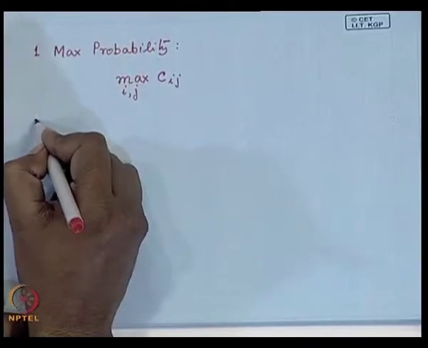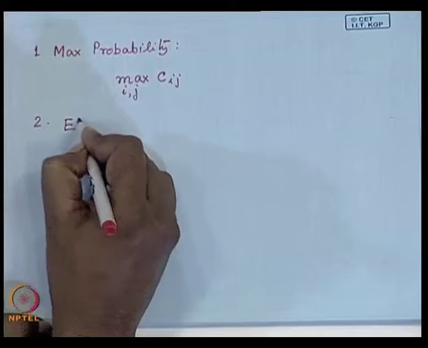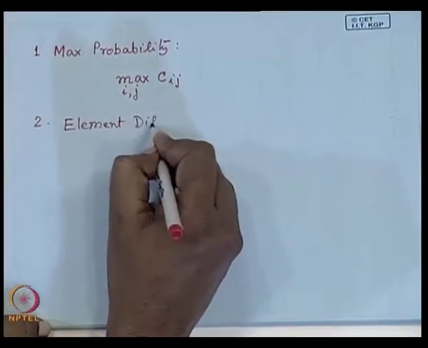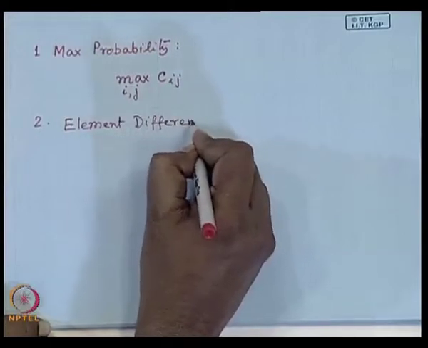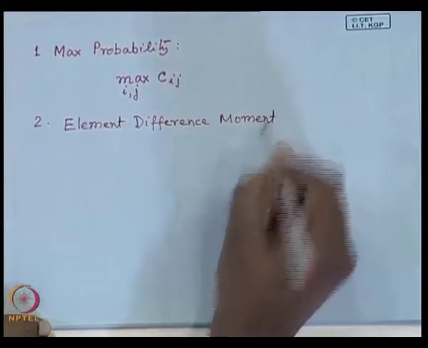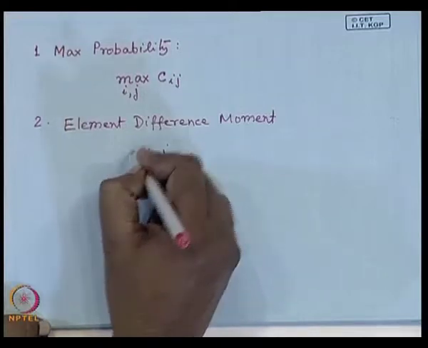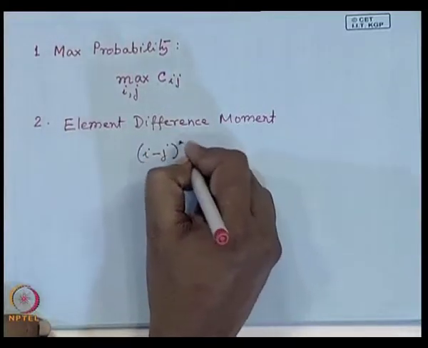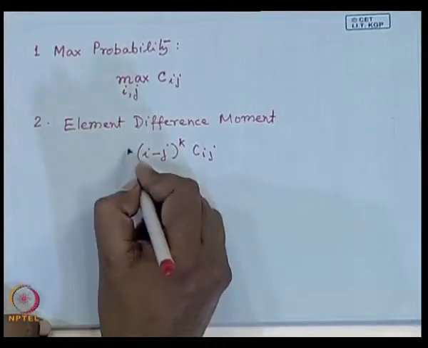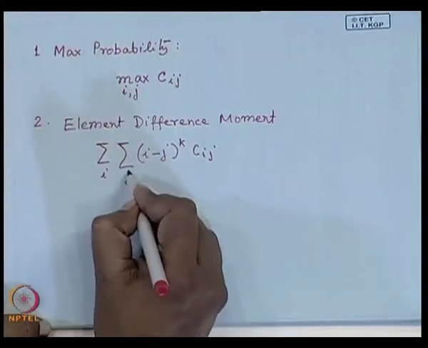The second type of feature that can be obtained from the co-occurrence matrix is the element difference moment, which is defined as I minus j to the power k times C I j, and you take the summation of this over I and j.